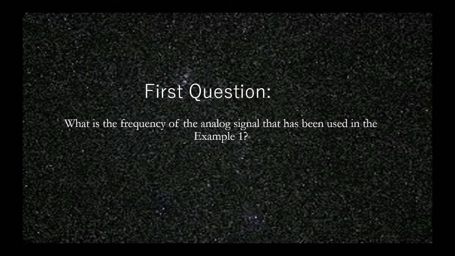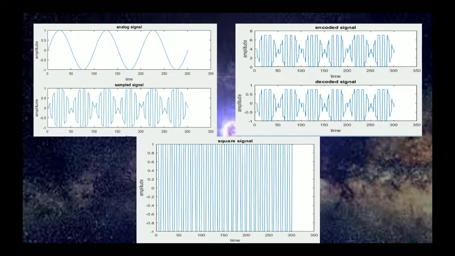First question: what is the frequency of the analog signal that has been used in example 1? As you can see on the screen, this is the graph from the MATLAB coding, which has 5 signal graphs: analog, sample, encoded, decoded, and square signal.